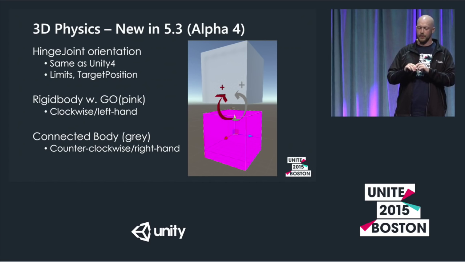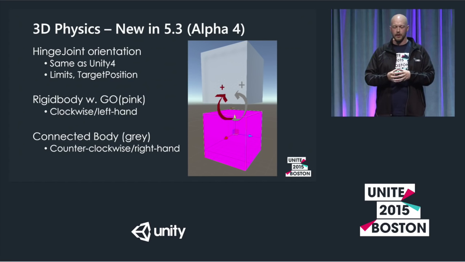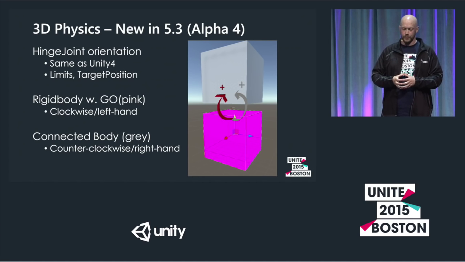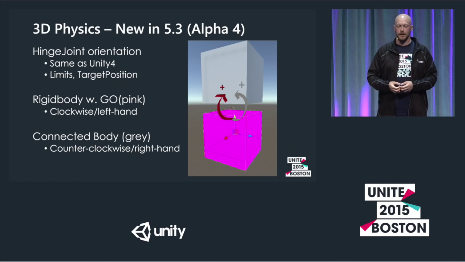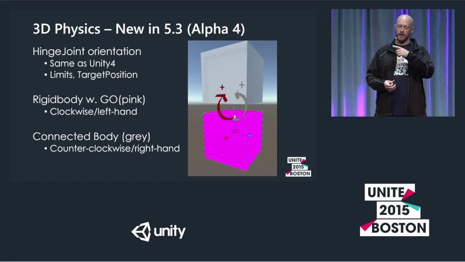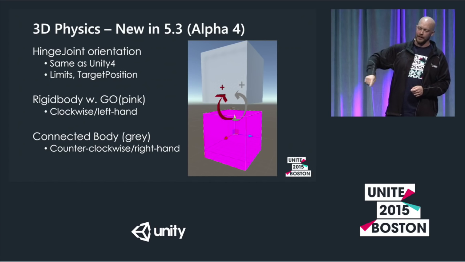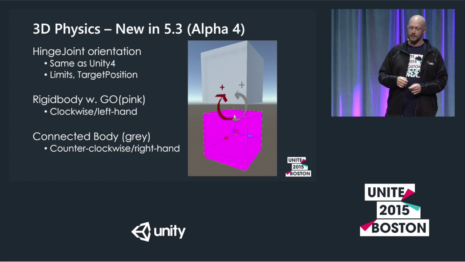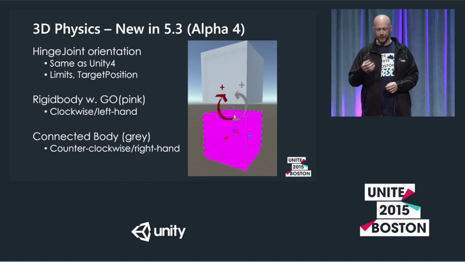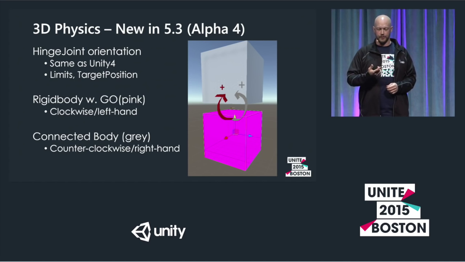And what has happened now, consistently within the hinge joint, is that the pink body rotates with the left-hand side, which means it goes clockwise. If you set a positive target position, then it will go the left side around it. And the same for all the hinge values, the hinge limits. They will all go clockwise around it.